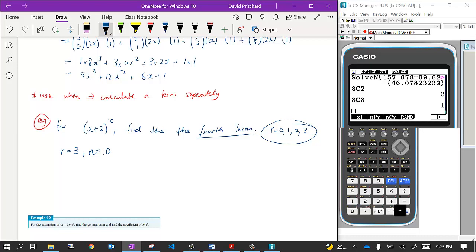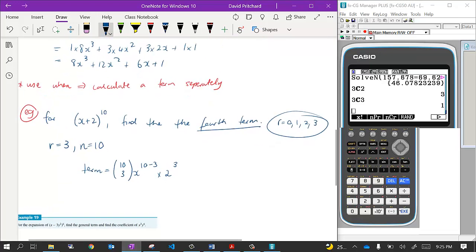So all we need to do now is use our general rule, right? And so that term that we're looking for will be 10C3. It will be x to the power of 10 take 3, and it will be 2 to the power of 3.